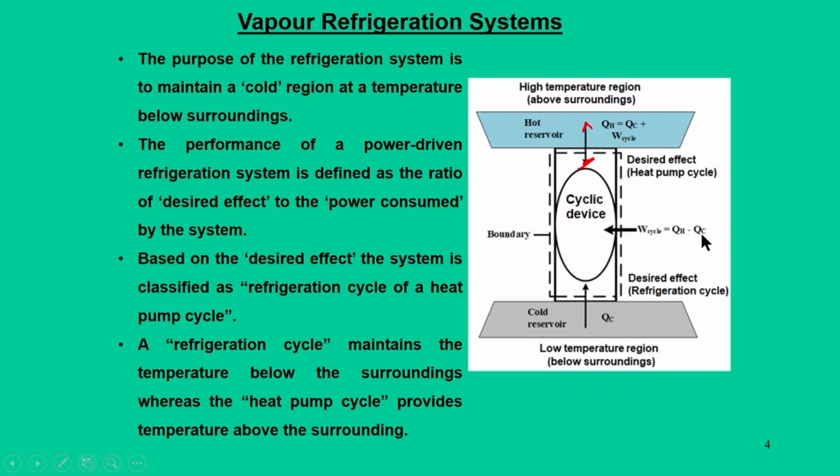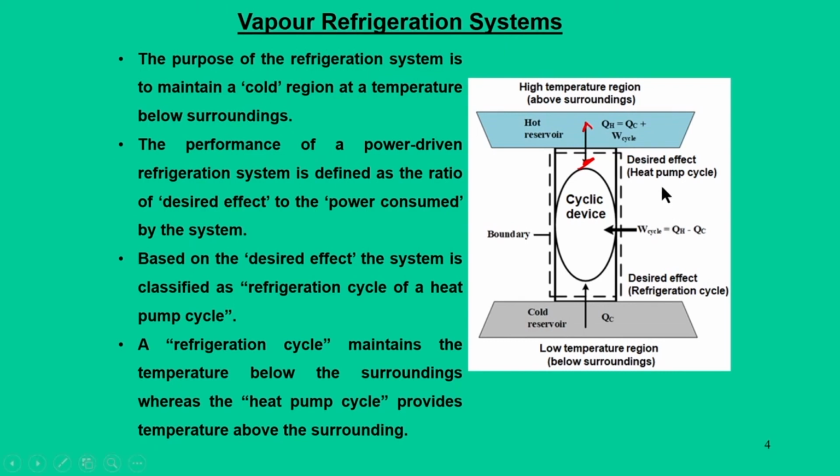Now, there are two aspects. One is that this cyclic device can act as a refrigeration cycle or as a heat pump cycle, and this depends on the desired effect required by the user.